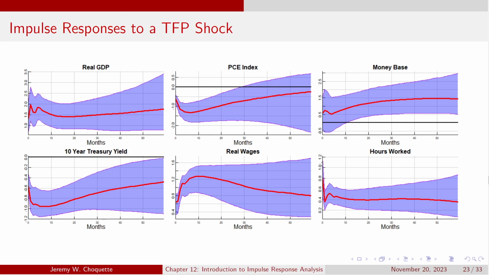But remember, hours worked can increase and wages could increase or decrease. So if we had a labor demand shock and hours worked were increasing, then real wages would increase too. So let's look at real wages, see what they do. The maximum deviation of real wages is about 10 months after the shock, and it's a little more than 1.2 percentage points above 0. So real wages increased and hours worked increased.